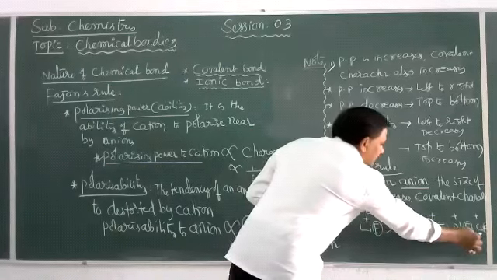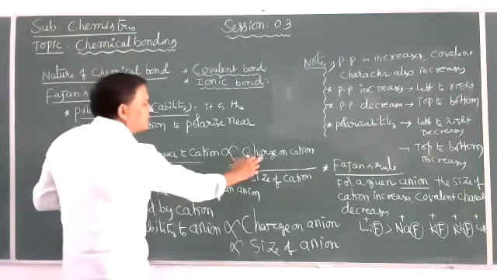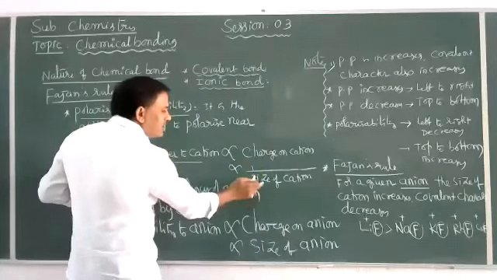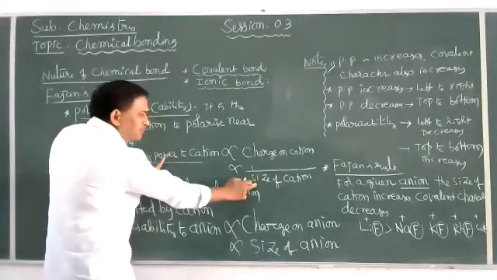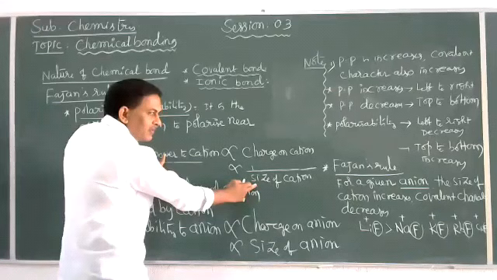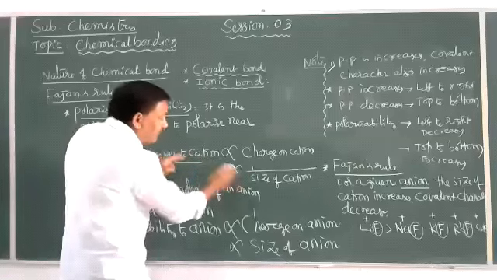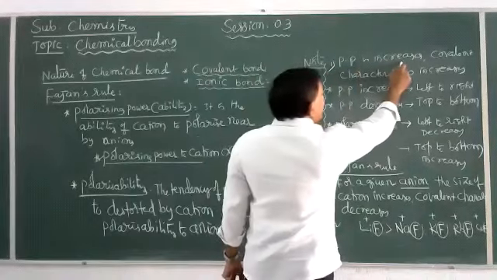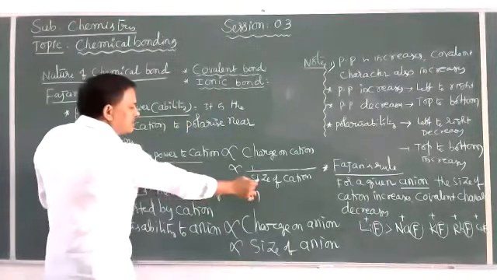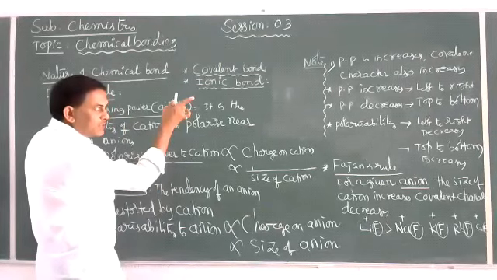Size is more for cesium. According to polarizing power, the charge on the cation is the same, +1, +1, +1, so we can see the size of the cation. As the size of the cation increases, polarizing power decreases. When polarizing power decreases, covalent character decreases and ionic character increases. Polarizing power increases, covalent character also increases; but here size increases, polarizing power decreases, covalent character also decreases.